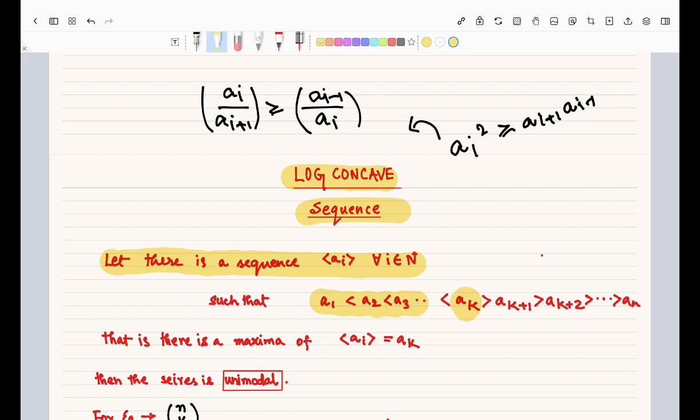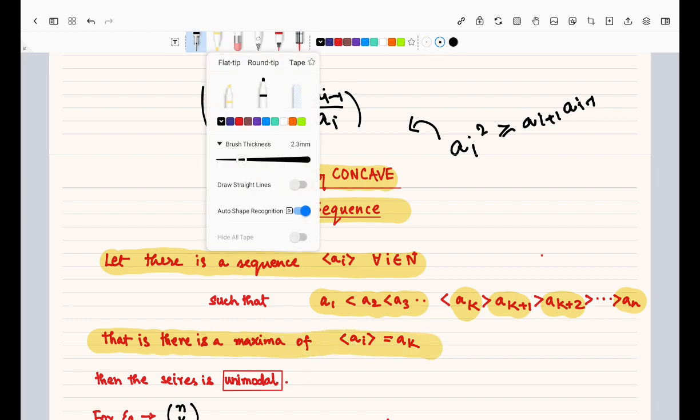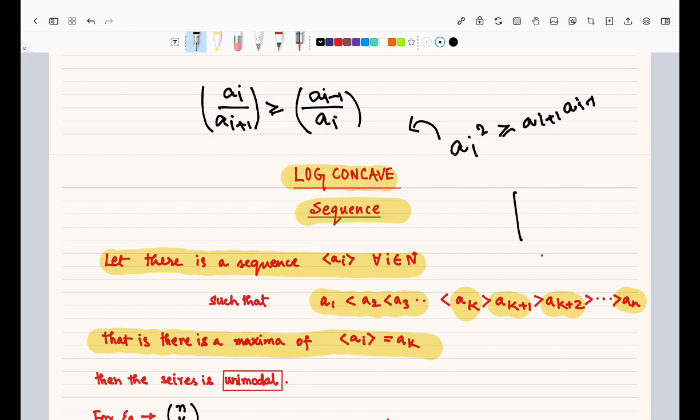And after that it reverses, like a_k is greater than a_(k+1), a_(k+2), a_(k+3), and so on up to a_n, right? So what we can say is that there is a maxima of the sequence. That is what we want. We don't want anything else, we just want the maxima to exist, right? Like this, there must be a maxima. So that's our need for a log concave series.